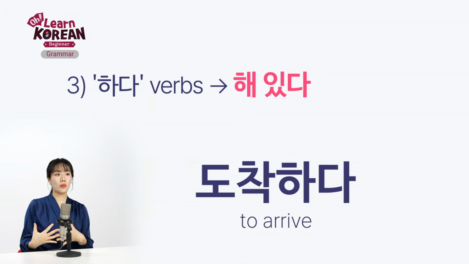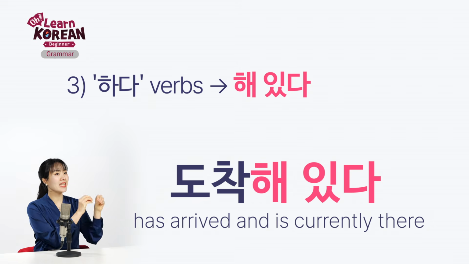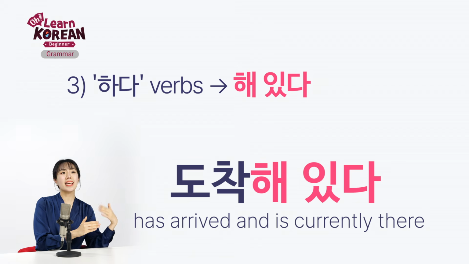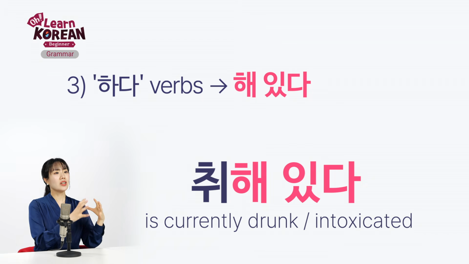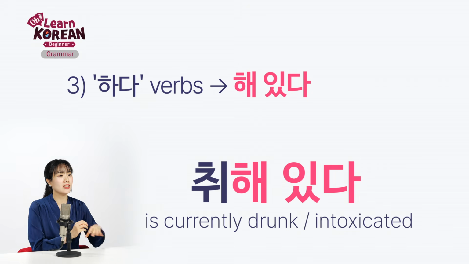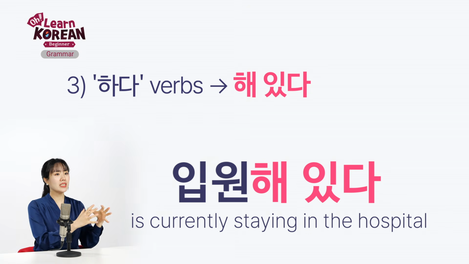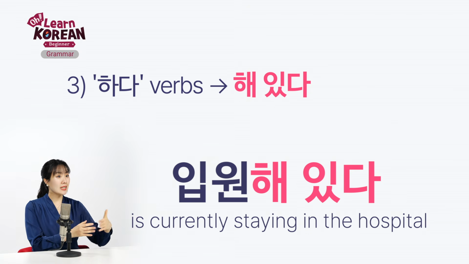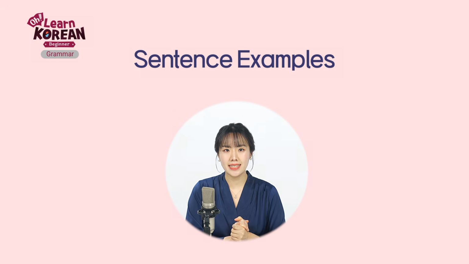For example, to arrive, 도착하다, has arrived and is currently there. 도착해 있다. To be drunk, 취하다, is currently drunk, intoxicated. 취해 있다. To be hospitalized, 입원하다, is currently staying in the hospital. 입원해 있다. And now let's check example sentences.